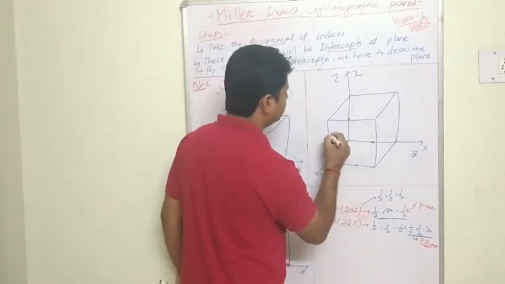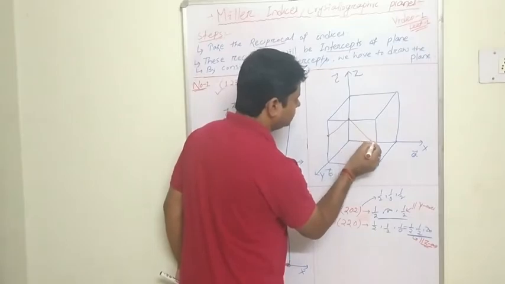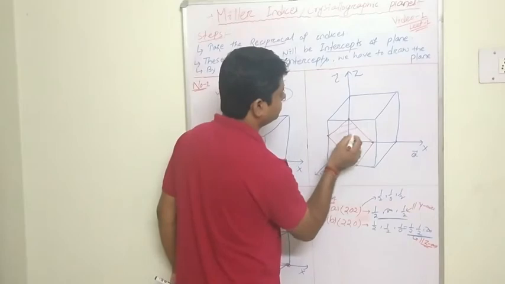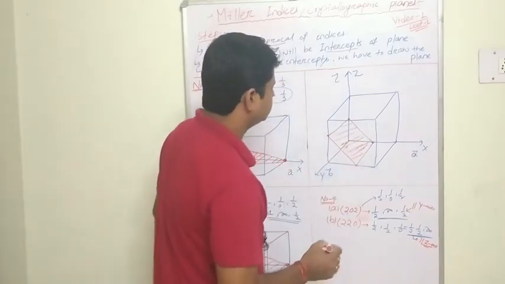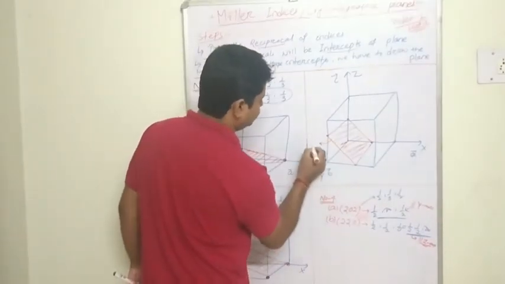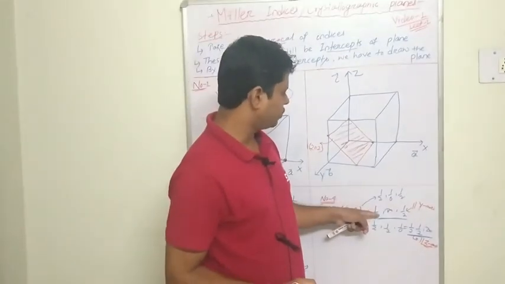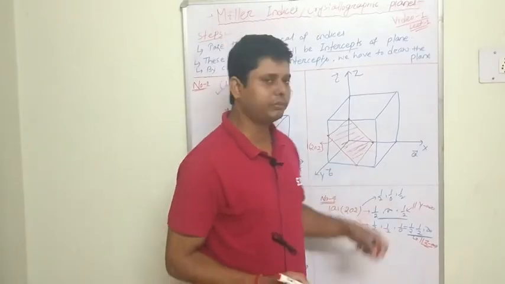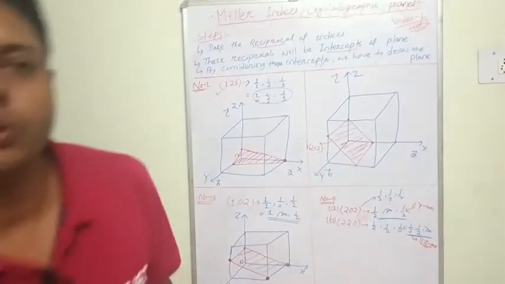So we have to join the 4 points only. After joining, we found the required plane. Okay, so this is the plane having Miller indices 2, 0, 2, or having the intercepts 1 by 2, infinite, 1 by 2, and this plane is parallel with the y-axis.